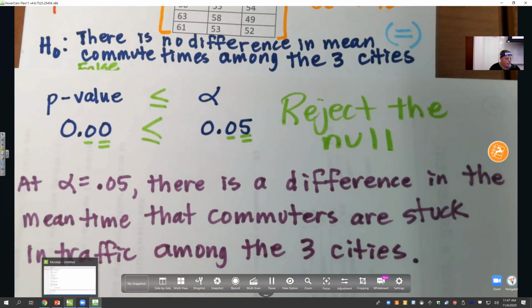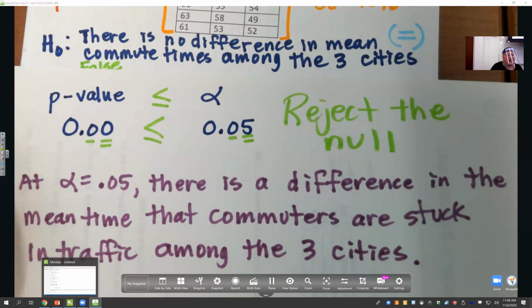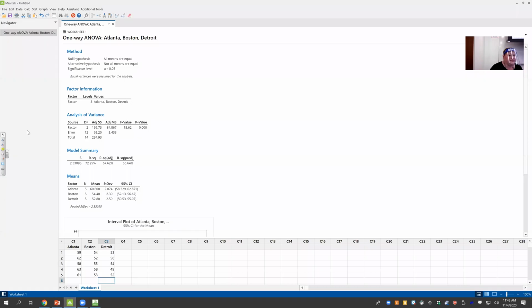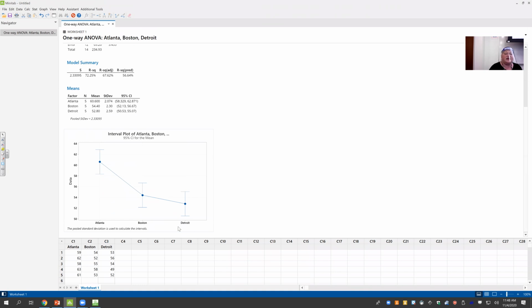Now, again, as we talked about before with chi-square, this tells us there's a difference. It doesn't necessarily tell me which one is different. Now, some of these other numbers could tell me they were different. The other thing that might help me to look at, and again, you're not expected to do this, is this graph here.